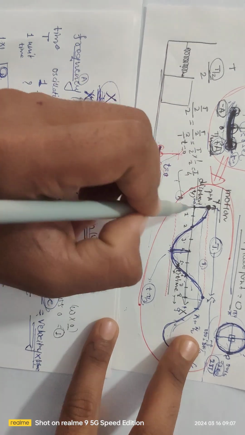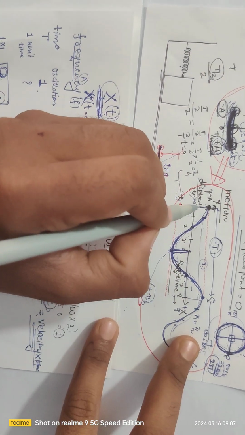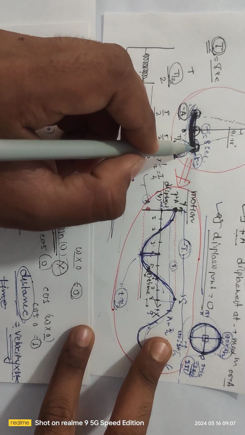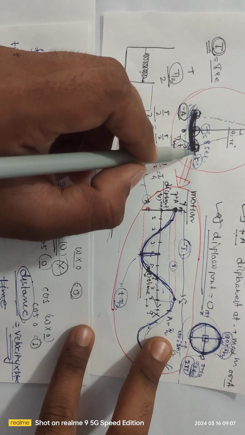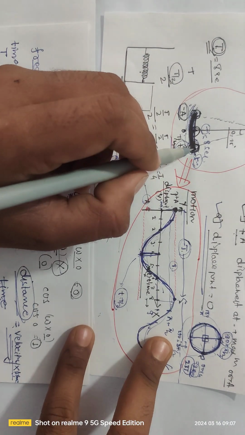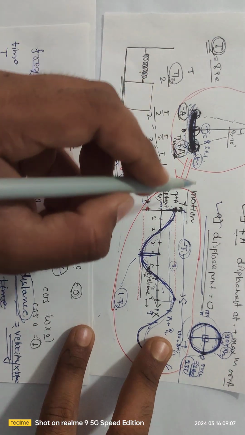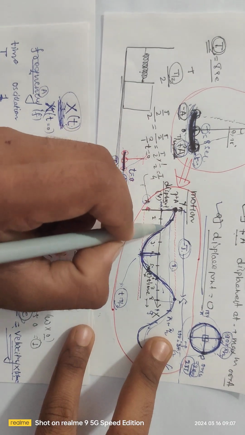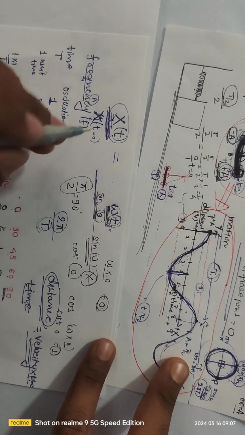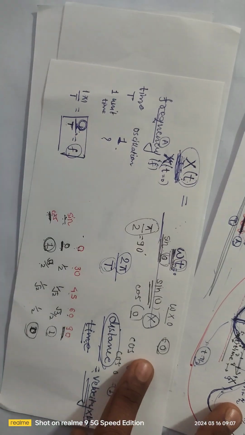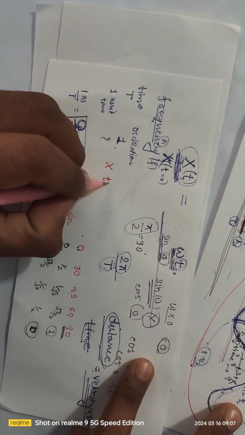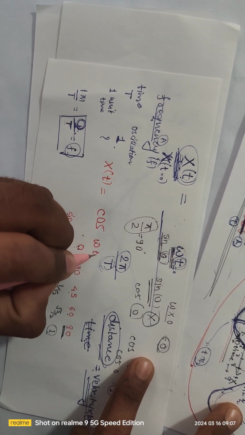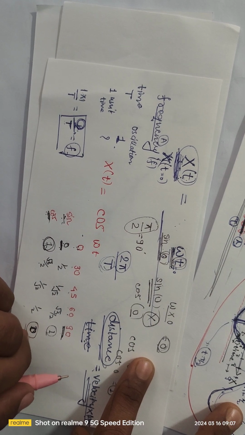That's why when we start counting the oscillation motion from the extreme value, at that time we consider only the cos function. It starts from here and is denoted by x(t) here. x(t) is equal to cos omega t.